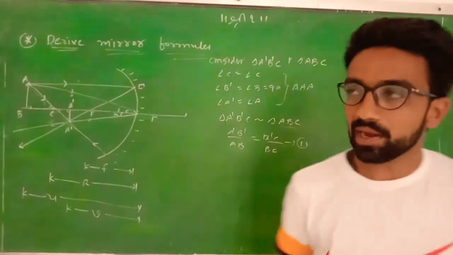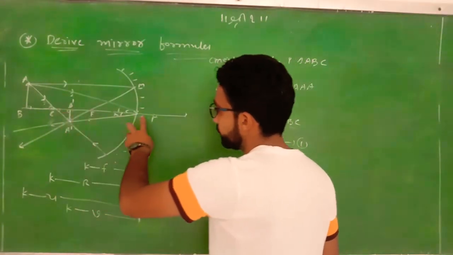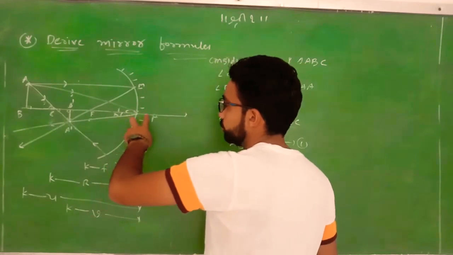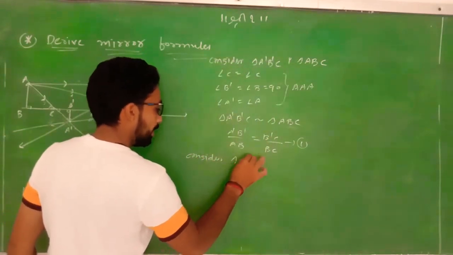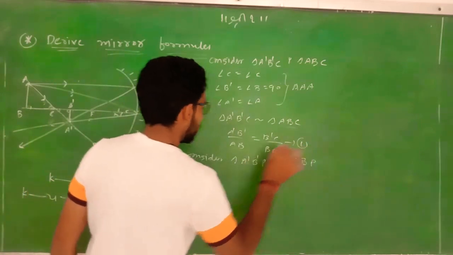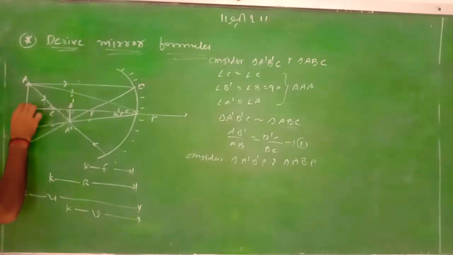Now we consider the second pair of triangles. For that we consider triangle A'B'B and triangle ABP. In this one you can see this is the 90 degree angle at B'.